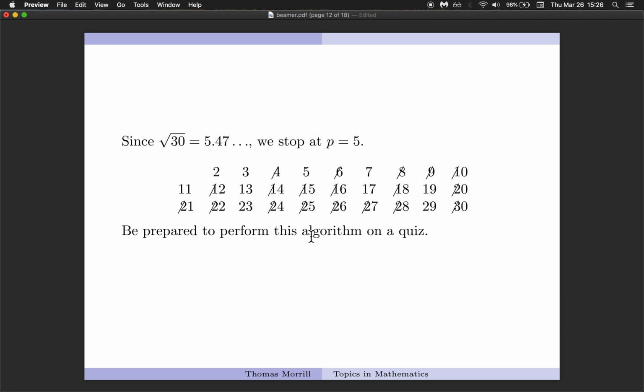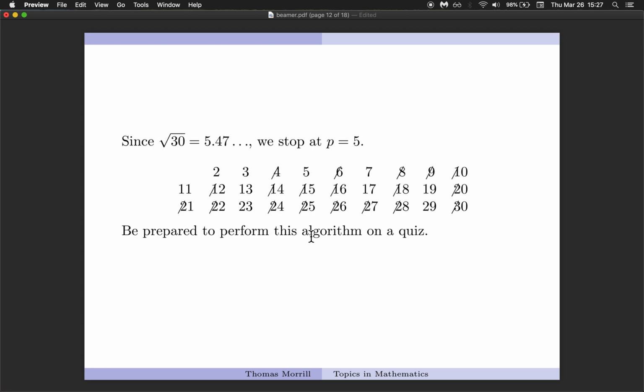When do I stop? The square root of 30 is 5.47 and change, which isn't an integer. So I can stop at p equals 5, which is really good because those are all the numbers I've sieved out by.